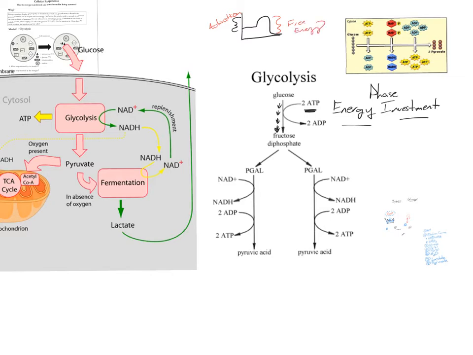So we invest energy here at this phase in order to get energy out further down the line. So this is a 6-carbon molecule. Glucose is 6 carbons. When you're done with the first phase, the energy investment phase, what you end up with is 2 PGALs. And here we're down to 2 3-carbon molecules.